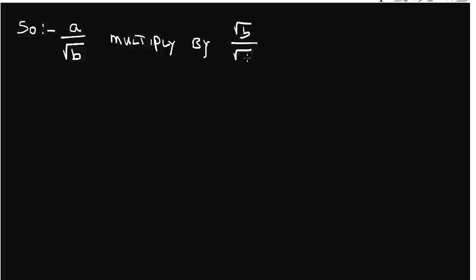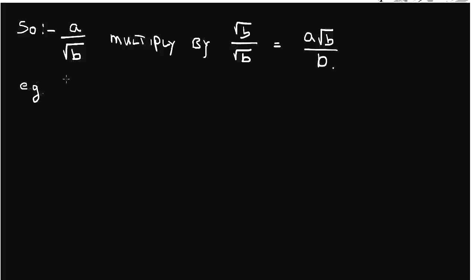So multiply by root b over root b, and that will give us a times root b is a root b, and root b times root b is b. So that gives us a root b over b. So we've rationalised the denominator.